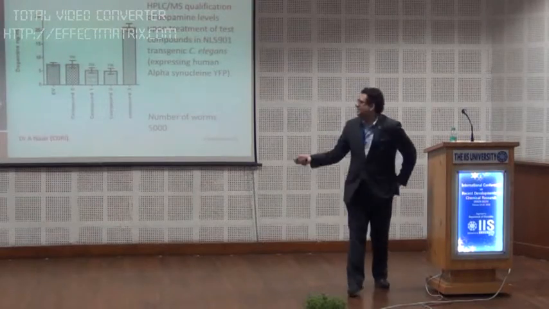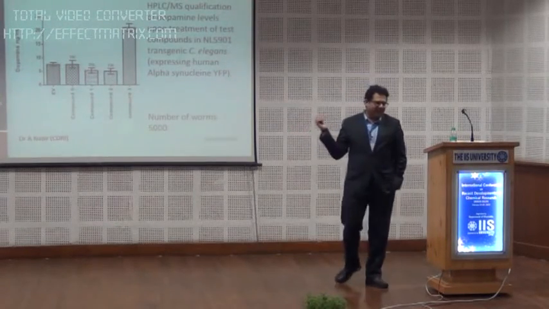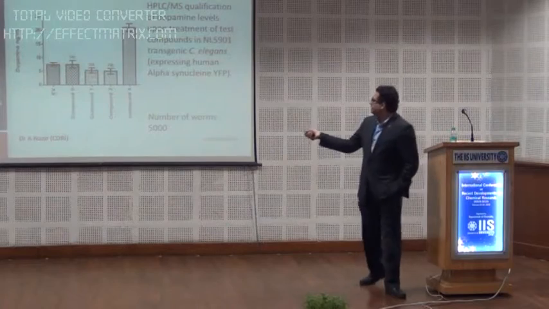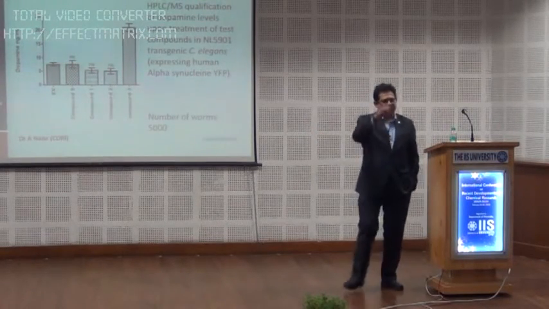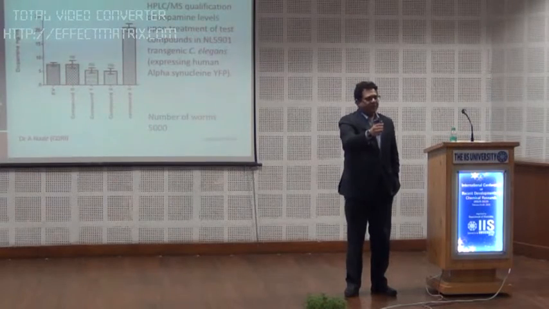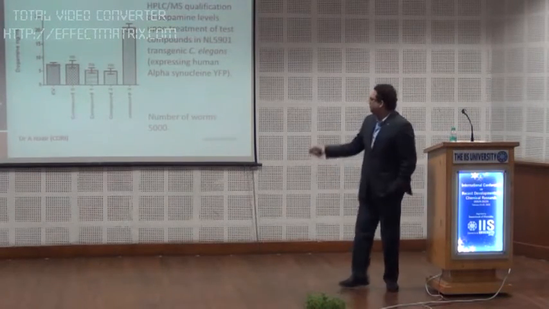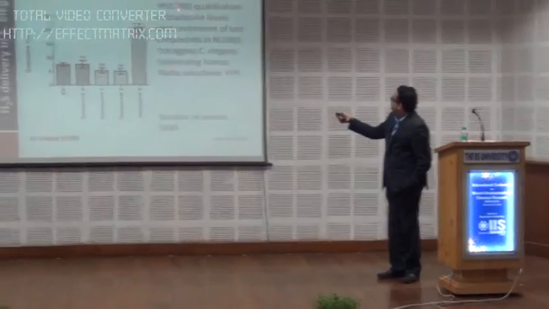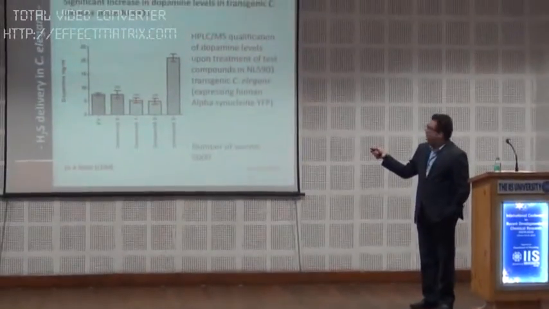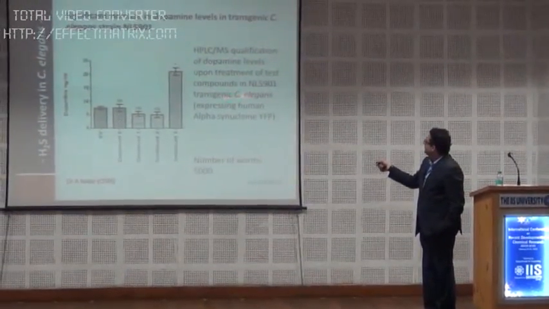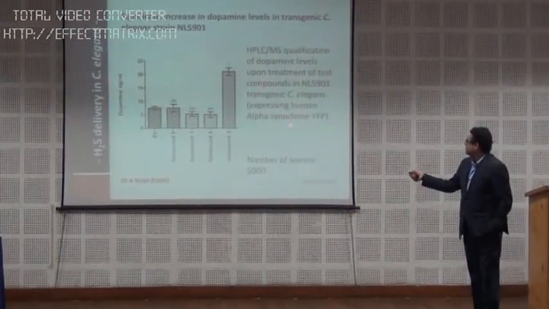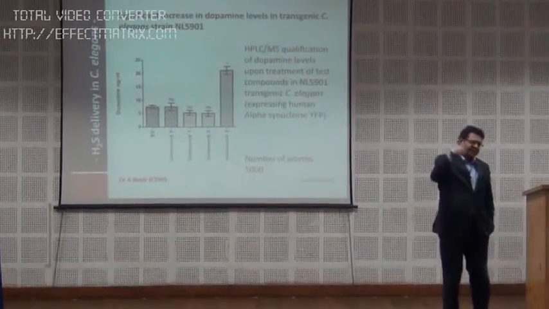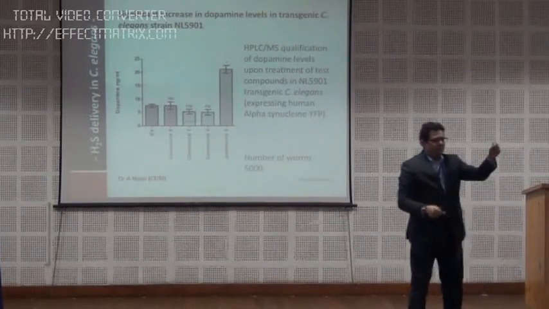I cheated, sir. This slide is actually hydrogen sulfide. I did not want to go into the detail. This is hydrogen sulfide delivery inside C. elegans, which has the phenotype of Parkinson's. Here you see an increase in dopamine level, which we find out from HPLC-MS quantification in transgenic C. elegans, which has this yellow fluorescent protein tagged to alpha-synuclein.